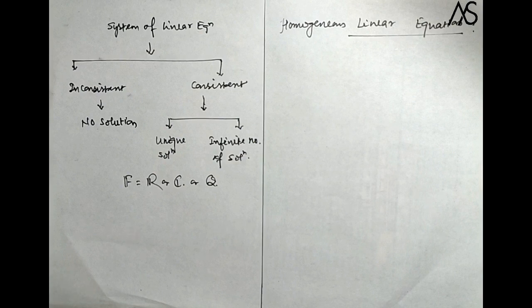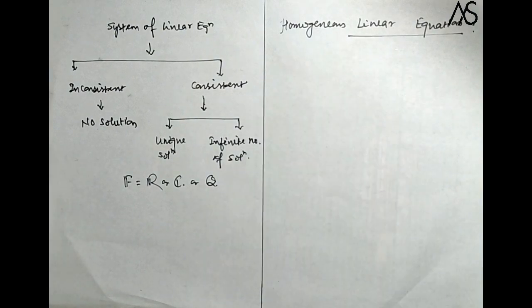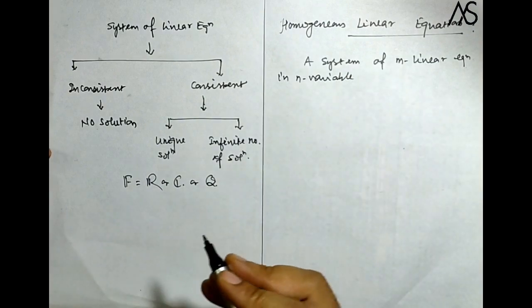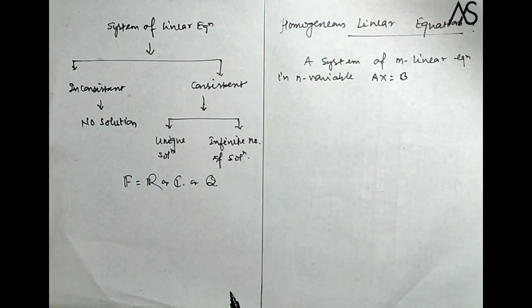First we are writing the definition of homogeneous linear equations. Of course, we will take the same system 1 which has m equations and n variables. The system 1, AX equals to B, a system of m linear equations in n variables, is said to be homogeneous if all the constant terms are 0.